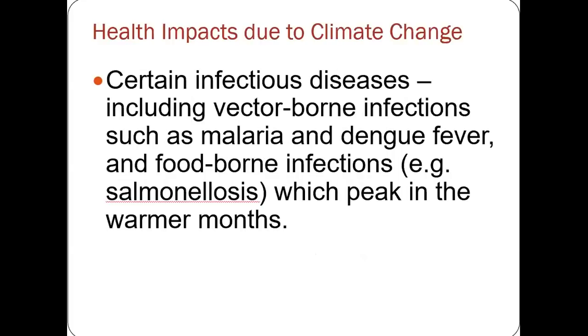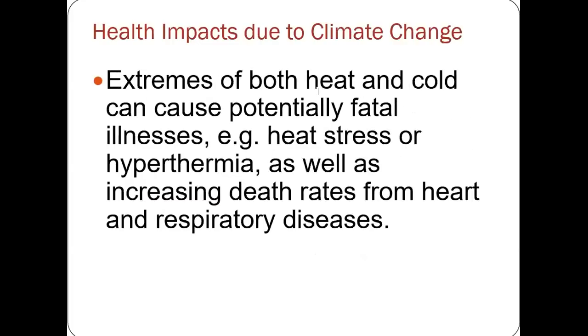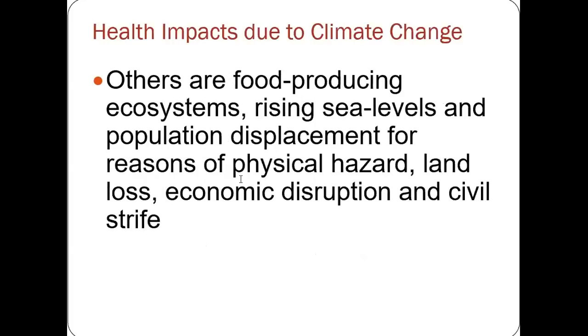Okay? So another thing, infectious diseases, as I have told you, will increase, and extremes, both heat and cold, can cause potentially fatal illnesses such as heat stroke and hypothermia, and will increase death rates from heart and respiratory diseases. Others are food-producing ecosystems, which are usually diminishing primarily because we destroy our own ecosystem.